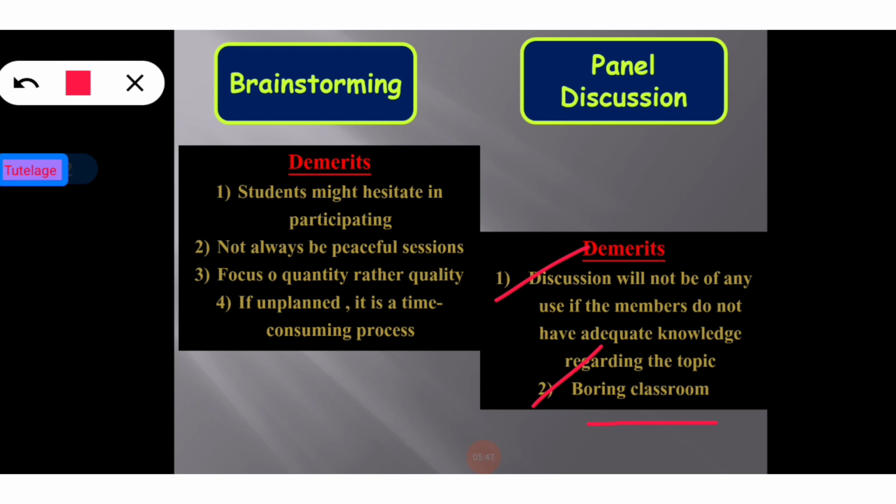So a boring classroom is one of the most important demerits of the panel discussion. Basically, a panel discussion is held among the panel members only in the class, so the rest of the class might get bored.